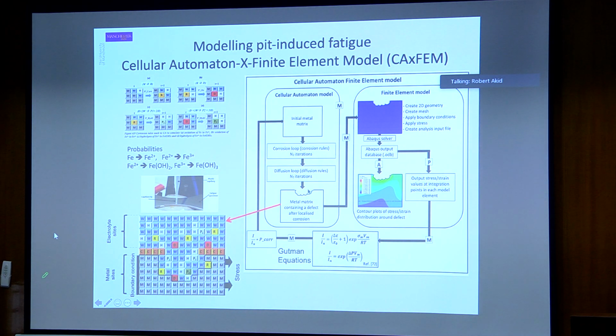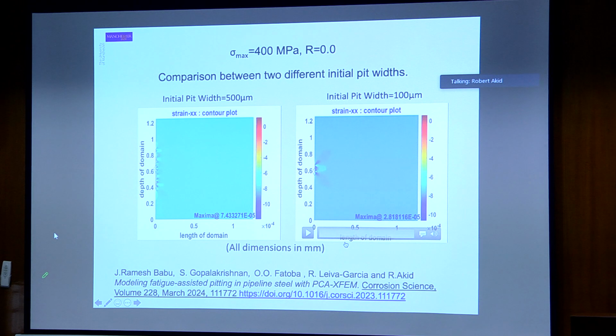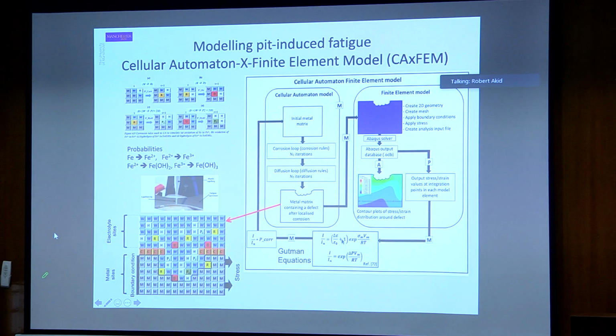We then take that damaged, pitted surface and put it through finite element analysis to obtain the stress and strain values. Once we have that, we go back to our corrosion loop, but before then we assess the strain around the surface, and if the strain has changed, we introduce a factor which changes the corrosion probability at that site.